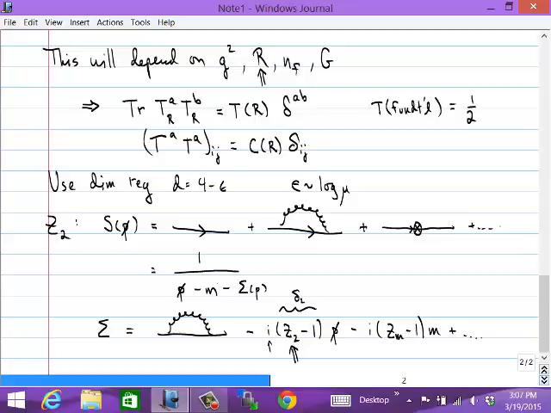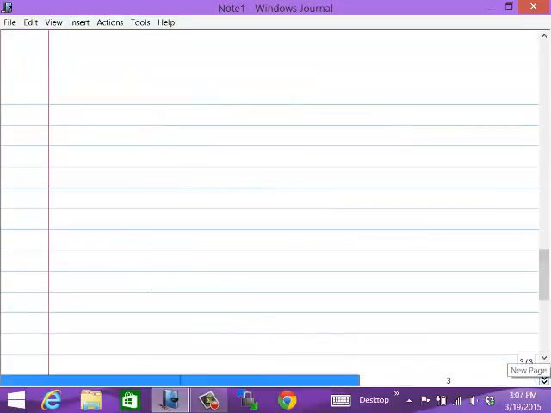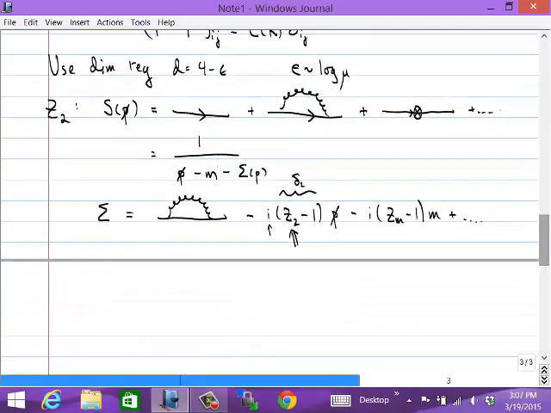Now in QED, how did this computation go? So this is a computation that we did, so I'll just remind you of the answer. In QED, you do this computation, and, well, the sunset diagram, which is often what this is called, is proportional to the electric charge squared with some constant of proportionality that we actually computed.